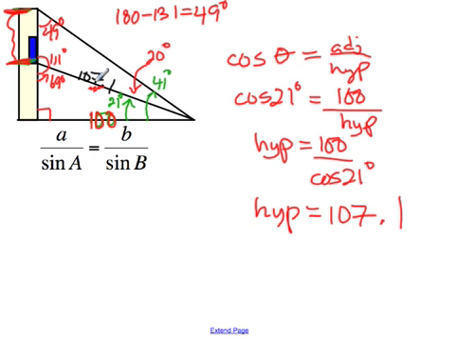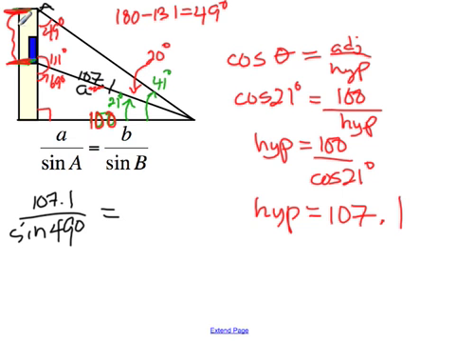Okay, so let's call this side A, and let's call this angle A. So I'd have 107.1 divided by the sine of 49 degrees is equal to B. Doesn't matter which one, I guess it does matter. I want to know this distance.